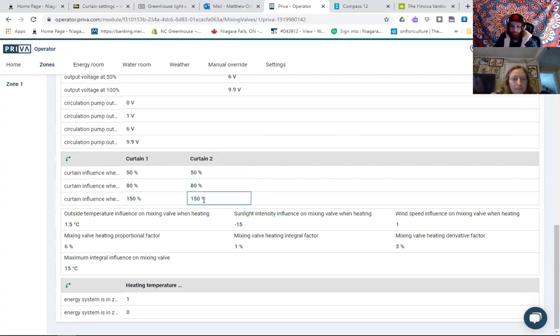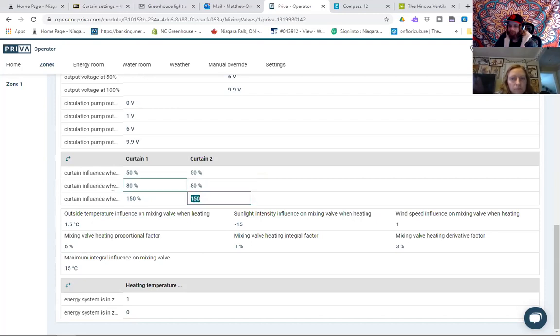Okay, we can add, instead, I don't know what the maximum is, 200%. That's why this number is 150. So our proportional value, our outside temperature, if we're adding 10 degrees based on this information, when our curtains are uncovering, we're going to add 15 degrees, right? We're going to add 150%.